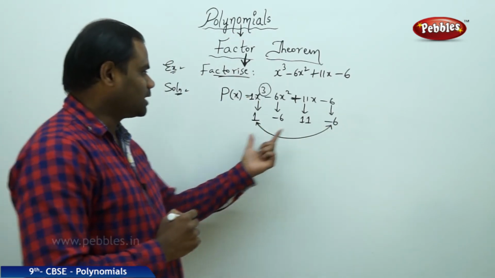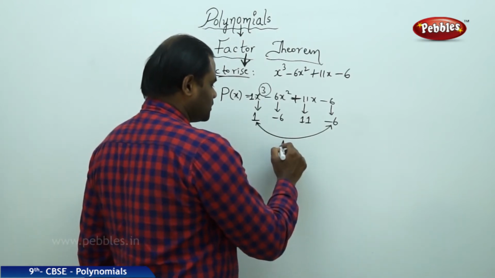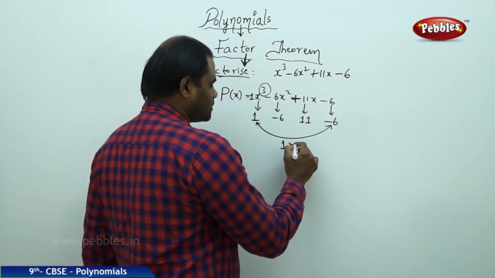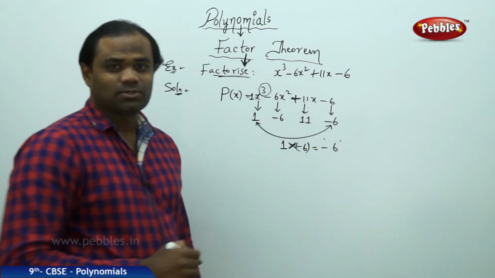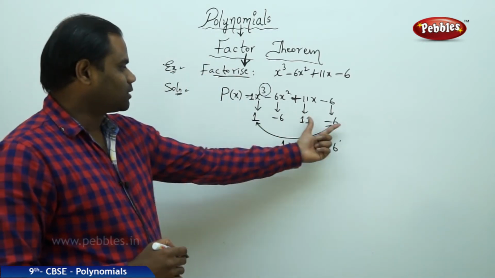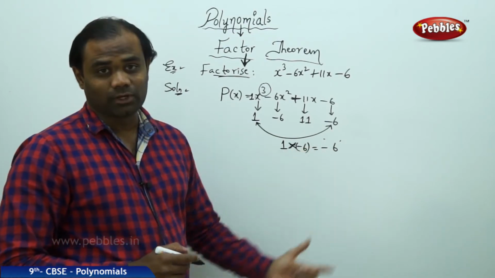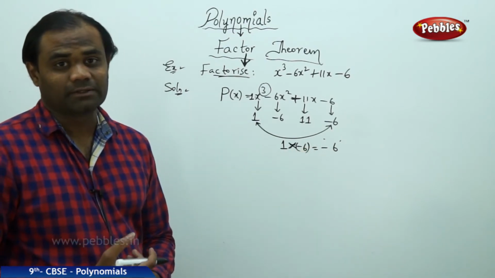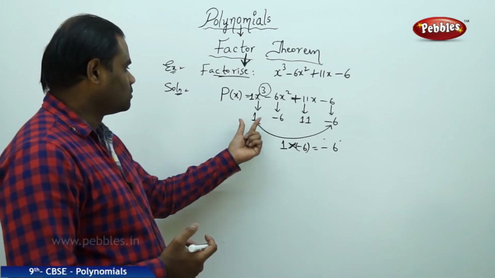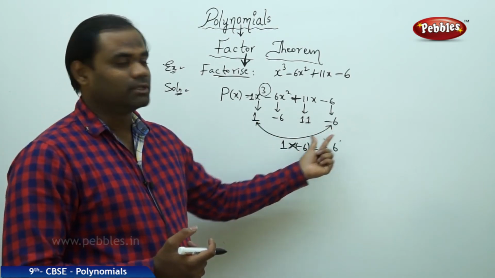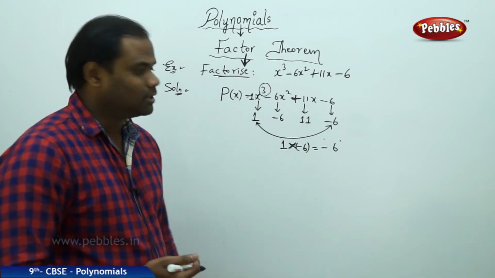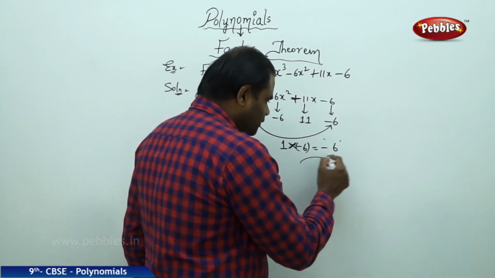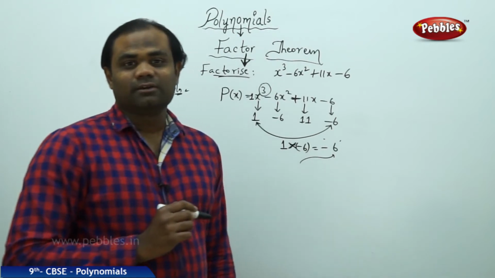My first and last coefficients are multiplied, so 1 times minus 6 is equal to minus 6. So I get the product of the first and last term, which is what I do in rule 2 of the factor theorem. Rule 2: multiply the first coefficient with the last coefficient, and I get the value minus 6. Now for this minus 6, I find all the possible factors.